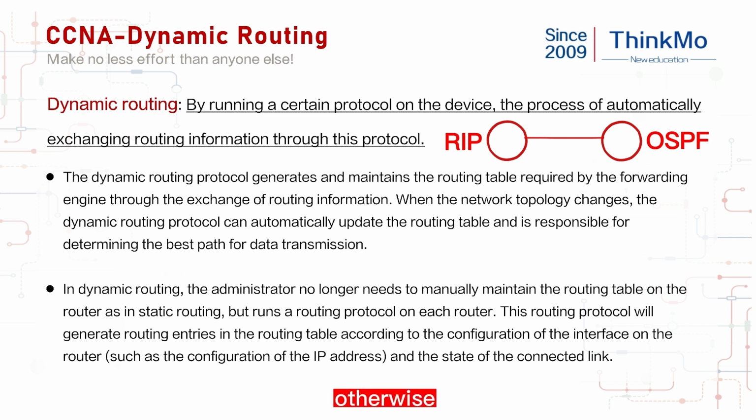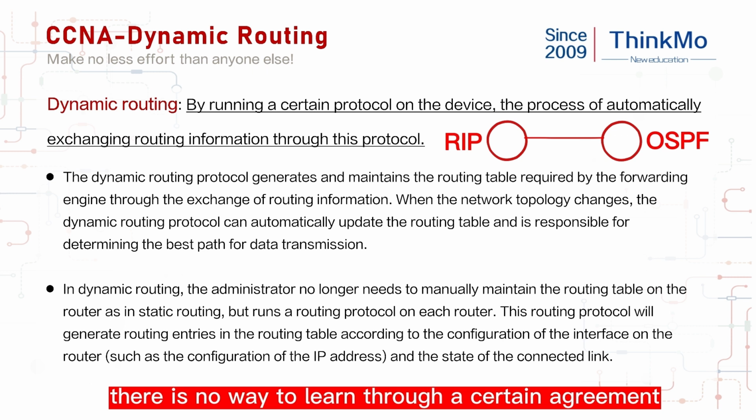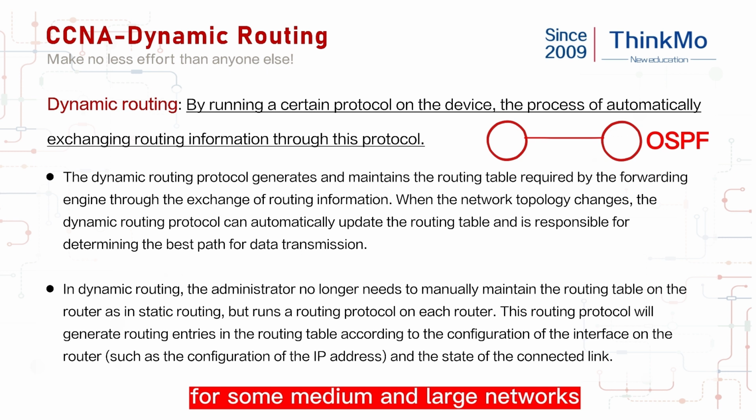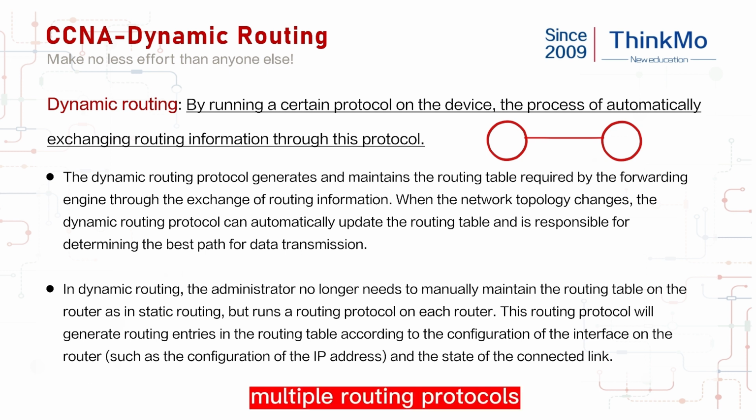Otherwise, there is no way to learn through a certain agreement. You will learn later that in some medium and large networks, multiple routing protocols may be running at the same time. It's also possible, for example, that EIGRP and OSPF are used together.